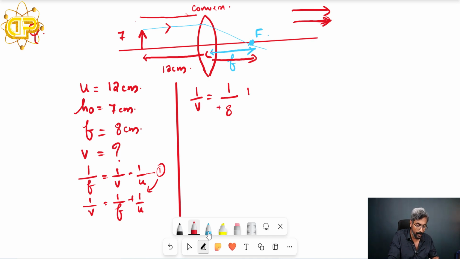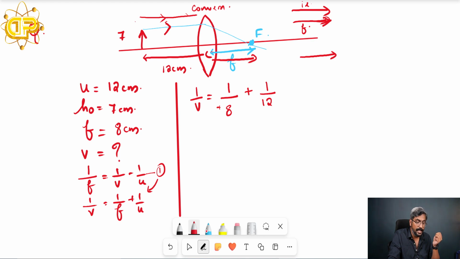Okay. Plus 1 by, what is U? It is 12 centimeter, but make sure what the sign will be. Here this is the incident light and this one is the focal length. What sign will be given for U? Here also the reference direction is the direction of the incident light, right?